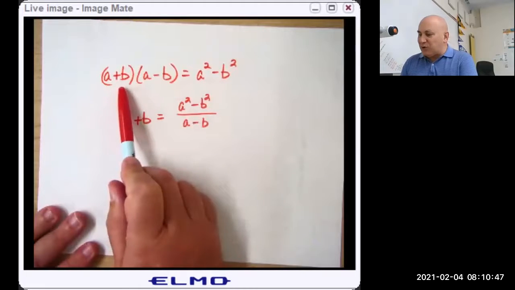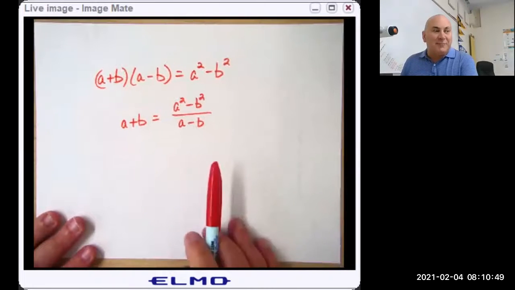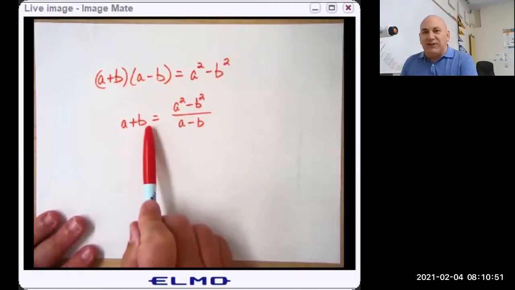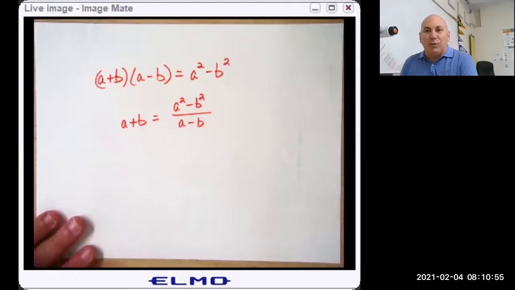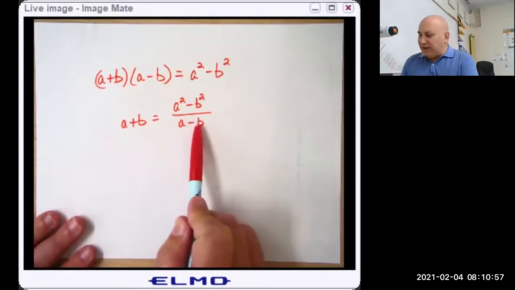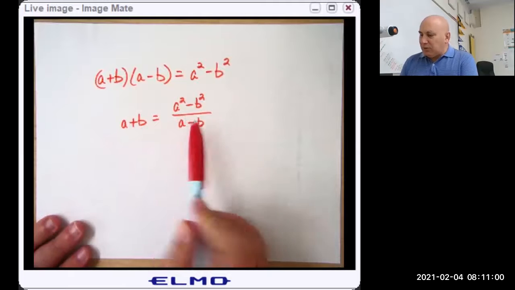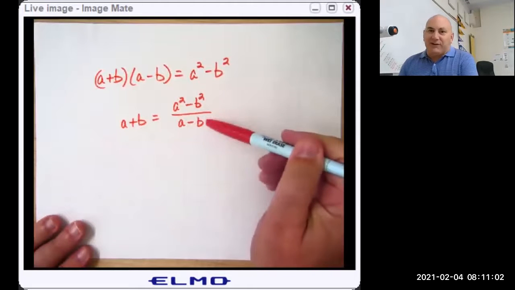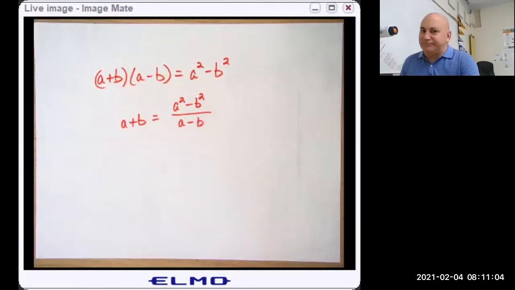This is true no matter what the values of a and b are. But is this always true? And the answer is no. If a equals b, then a minus b is 0. And you'd have 0 divided by 0. That's an indeterminate critter. We're not even going to go there. So identities are true everywhere the function is defined.